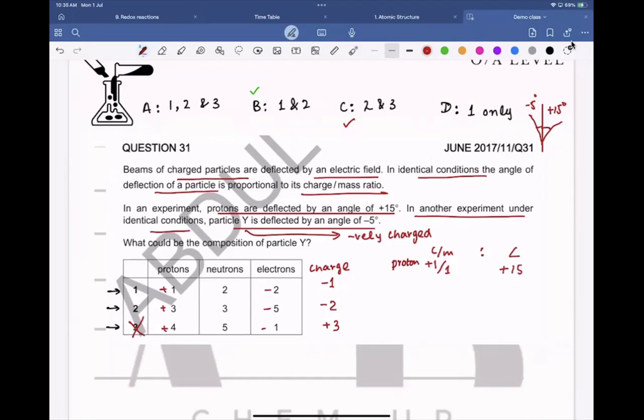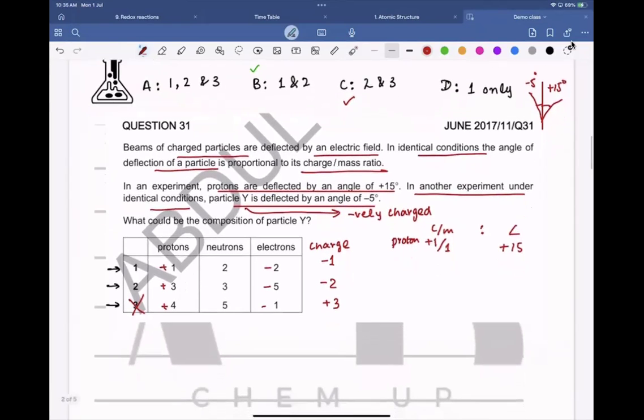Now let's work out the charge to mass ratio for particle 1. What is the charge of particle 1? Negative 1. What is the mass of particle 1? 3. What is the mass of particle 2? 6.